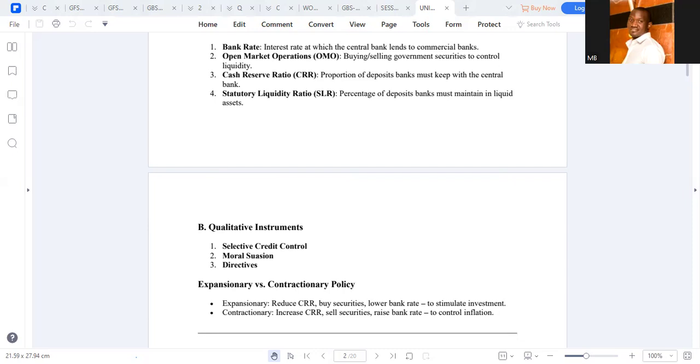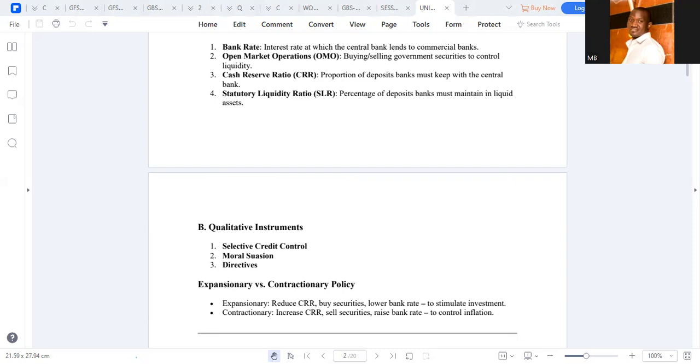So just to simplify what I talked about, I said the qualitative are credit control instruments, which we also call selective credit controls. These selective credit controls are adopted by the central bank to regulate the purpose and direction of credit rather than just its total volume.